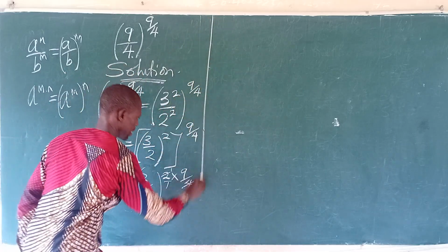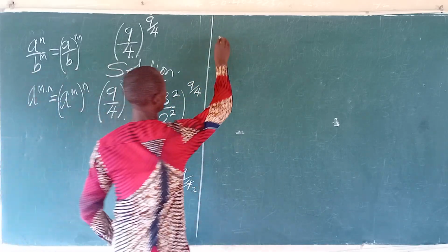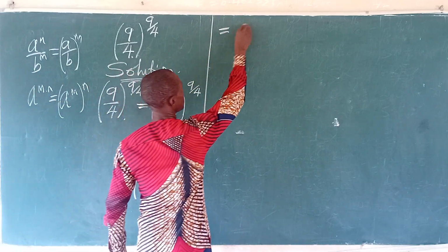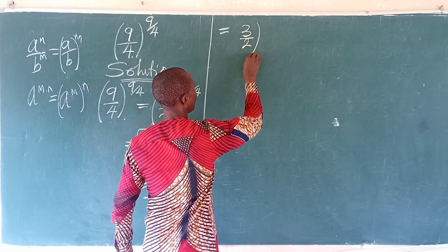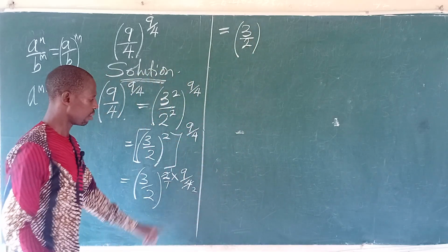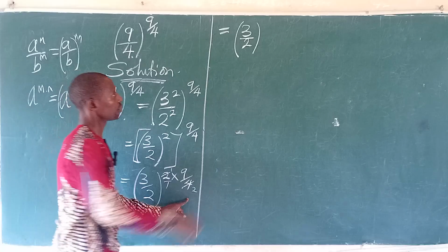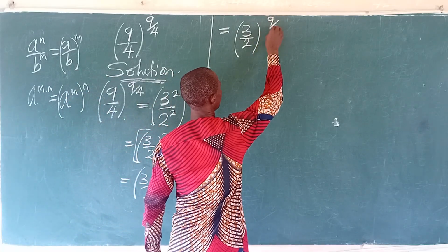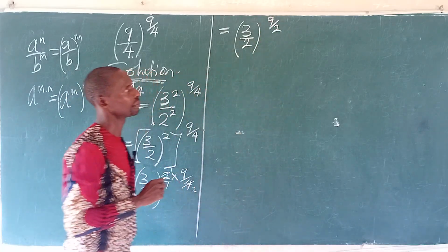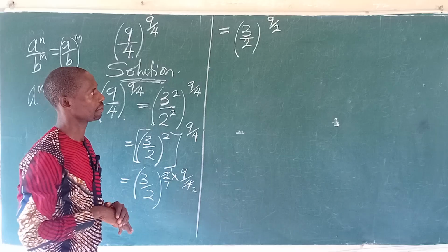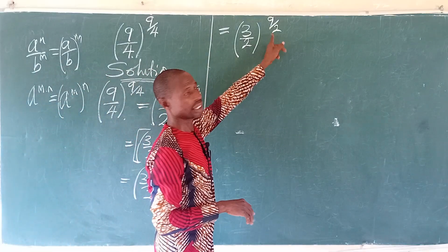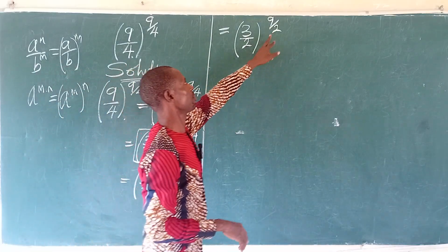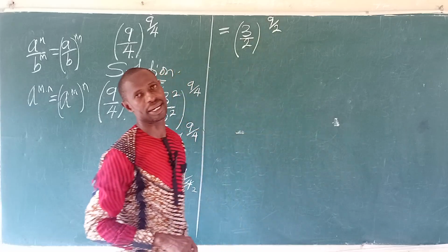Let's continue on this side here. We're going to end up having (3/2) all raised to the power of 9/2. Look at what we are having here now. We just have to use this 2 to divide our 9.